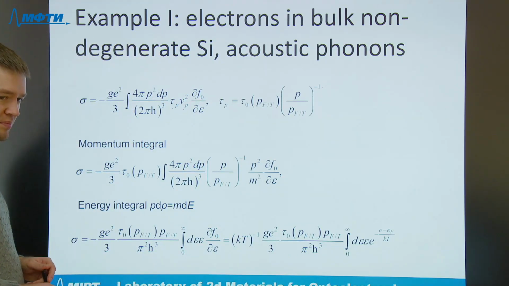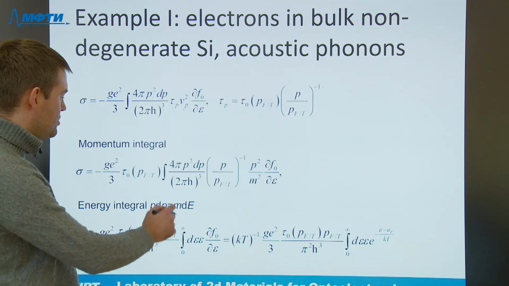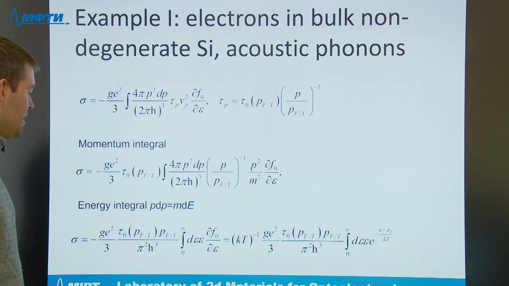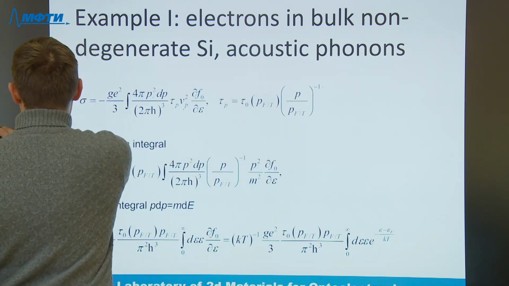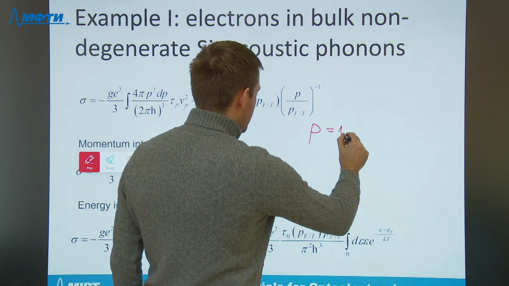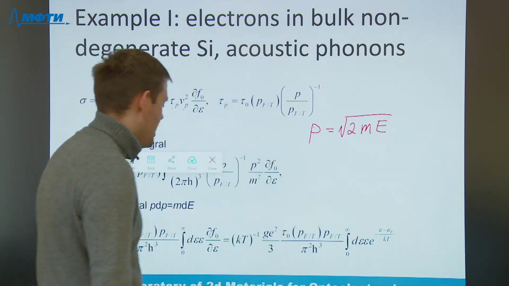And the only extra thing that you should do is pass from integration over momenta to the integration over the energies using a very simple familiar rule that momentum is the square root of two masses multiplied by the energy.